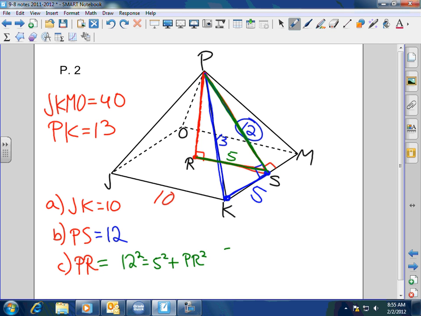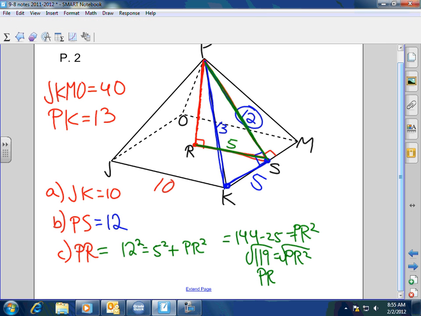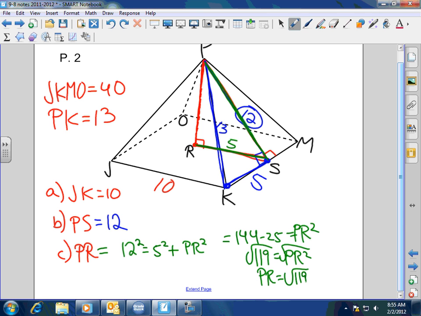So this is going to equal 144 minus 25 equals PR squared. So 144 minus 25, we got 119 equals PR squared. Square root of both of those, PR equals the square root of 119. And that's that. Does that make sense?